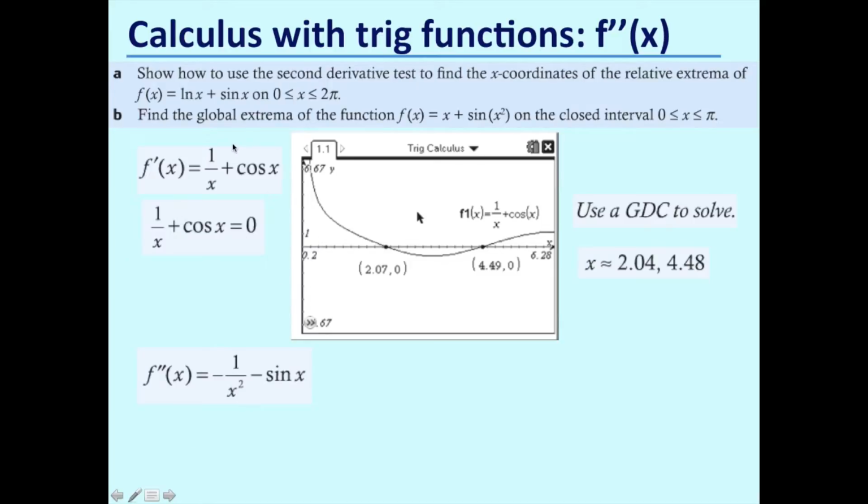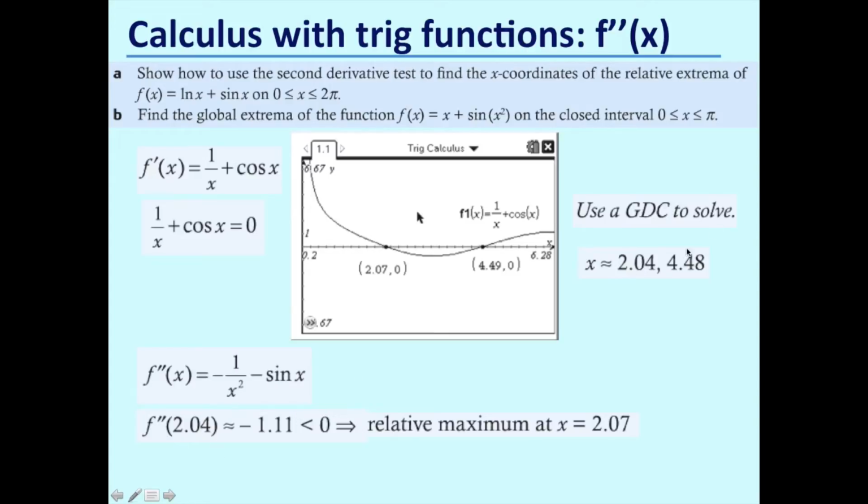The second derivative then, as we said, we need to find in the question here. So this is our first derivative. If we differentiate that, we will end up with this. Again, we can just differentiate these each individually and add them, or as it turns out here, subtract them. The second derivative at each of these points can be calculated.